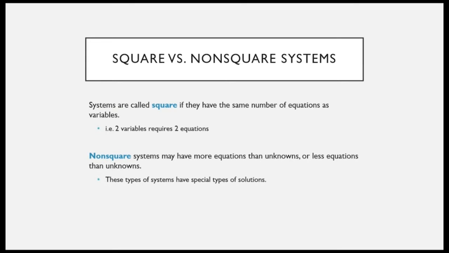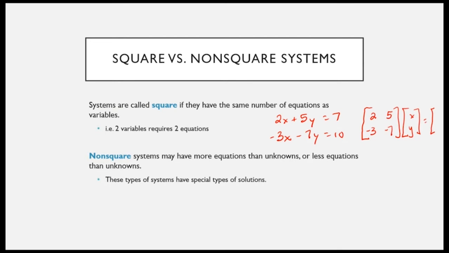So here is an example of a square system. I'm just going to make up numbers. When we have this in matrix form, we usually just take the coefficients and write our system like this.